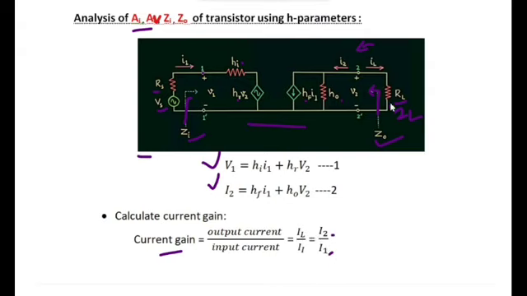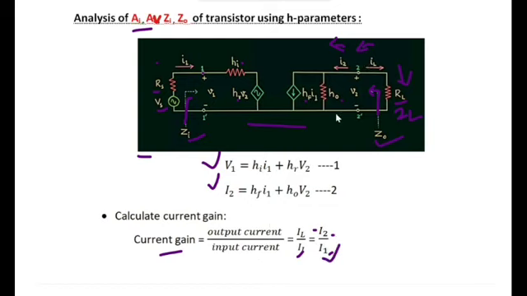Here the output is the load current, the current flowing through the load, and the input current is I1, applied at the input. The load current is I2 but in the opposite direction from IL, so it is minus I2 by I1. This is the actual formula of current gain.